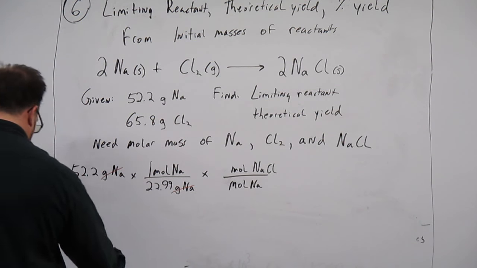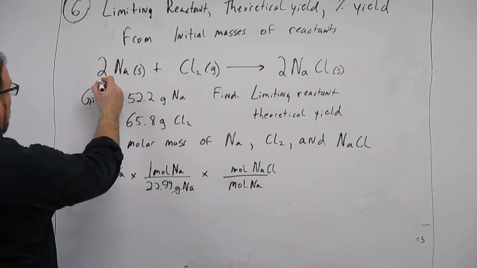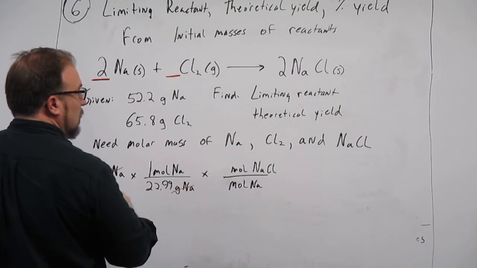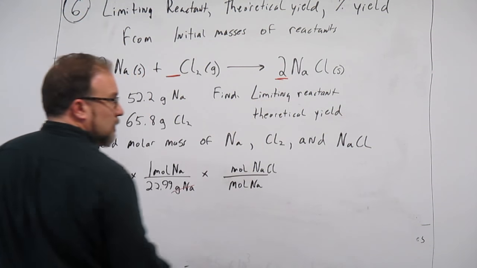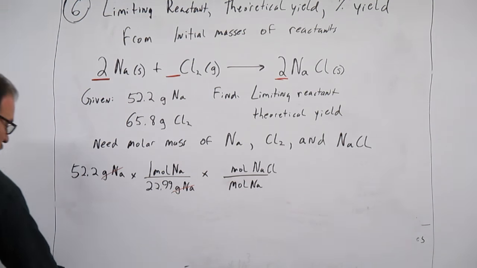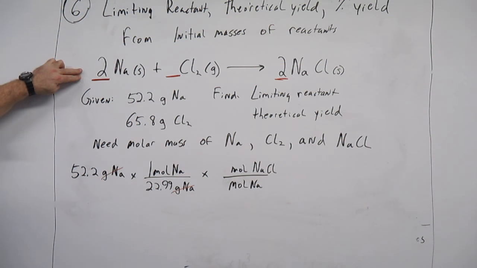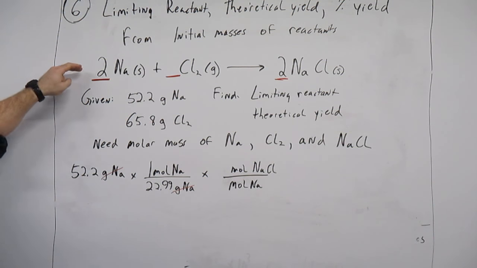I get it from the coefficients. Remember, there is a 2 here, there's an imaginary 1 here, and there is a 2 there. It all comes down to the coefficients. In your practice problems and in your homework, you might be given a chemical equation and you have to balance it. So this is where balancing the chemical equation is critical first.